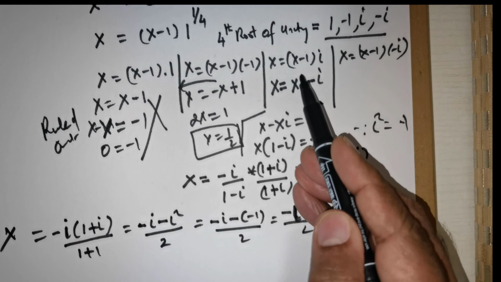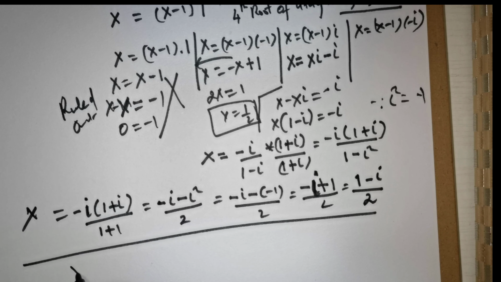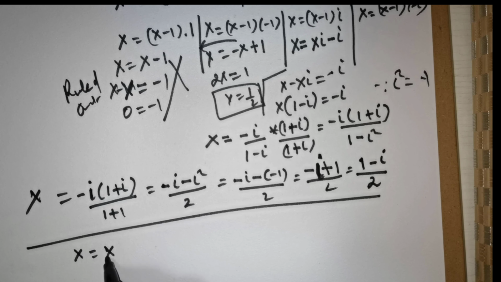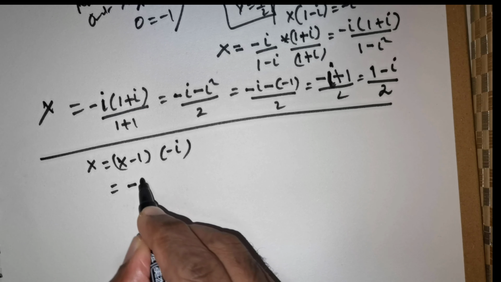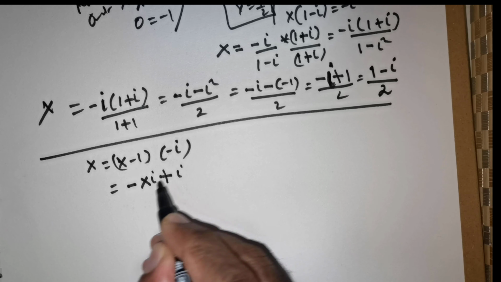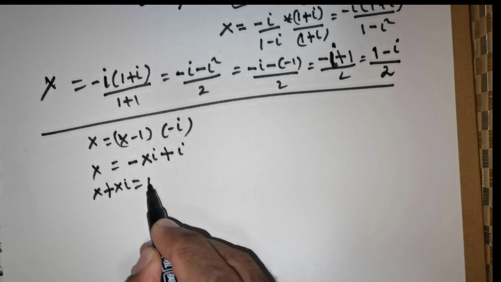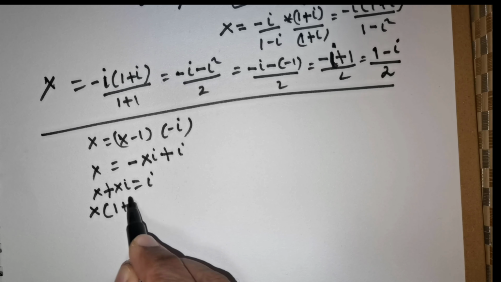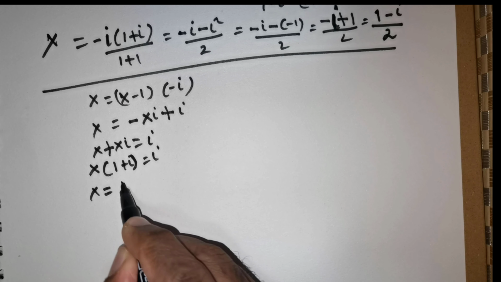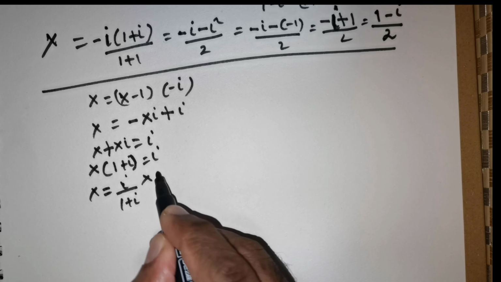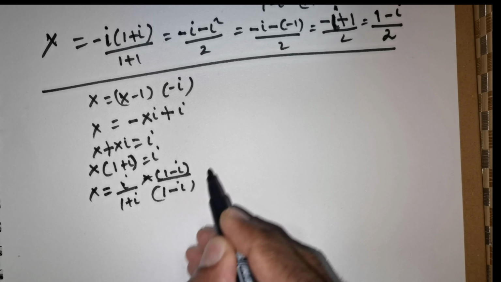So I got that from here. Now finally you get this. So let me use that. So x = (x-1) times -i. This is going to be -xi + i = x. So I push this, I get x + xi = i. So x(1 + i) = i. So x = i divided by (1 + i) multiplied with (1 - i) divided by (1 - i).